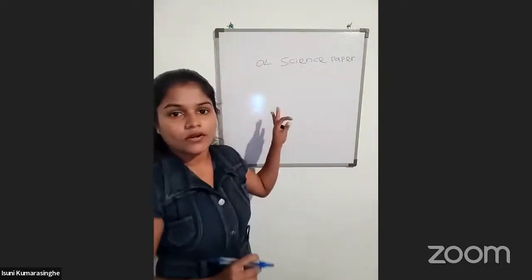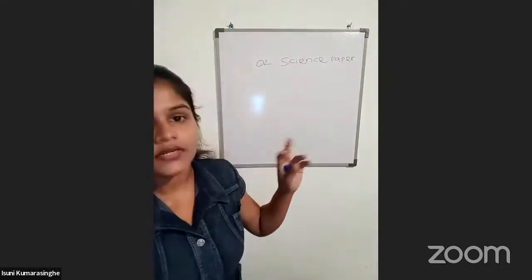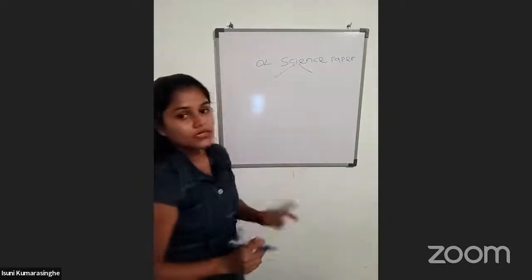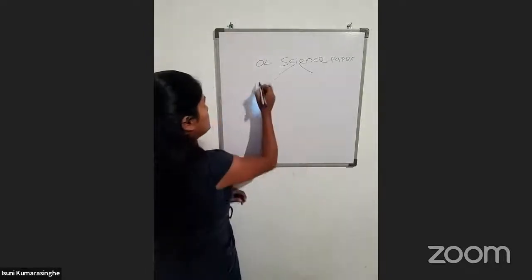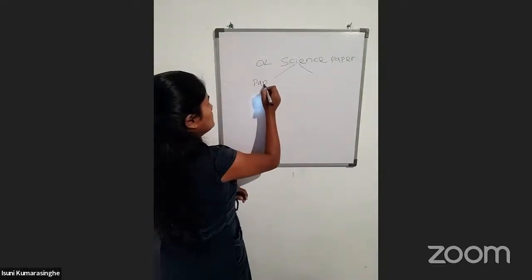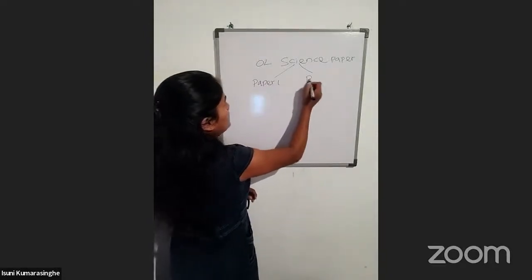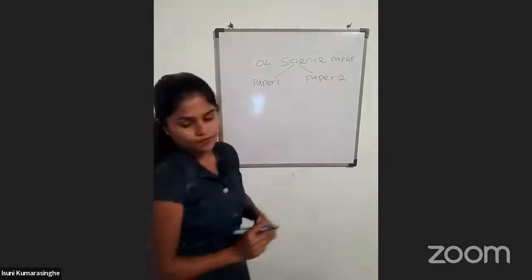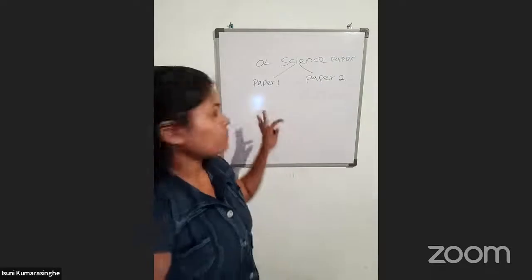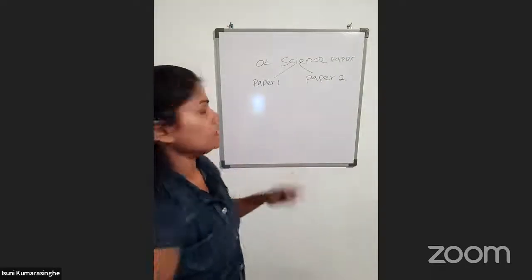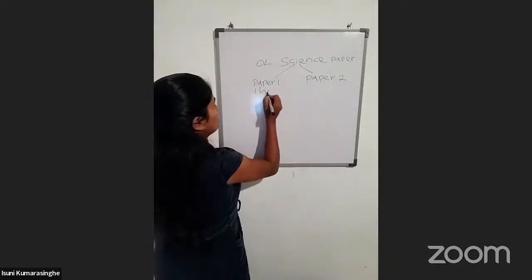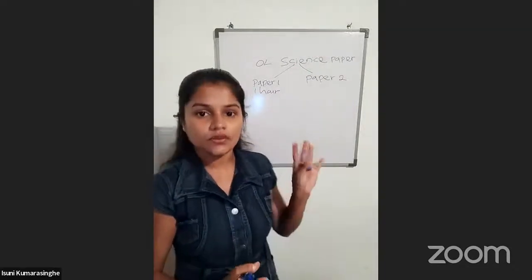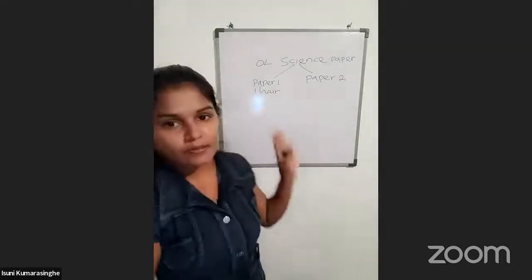This O-level science paper is divided into 2 parts. You are given 2 papers, paper 1 and paper 2. Paper 1, you have to cover within 1 hour. You are given 1 hour to write paper 1.